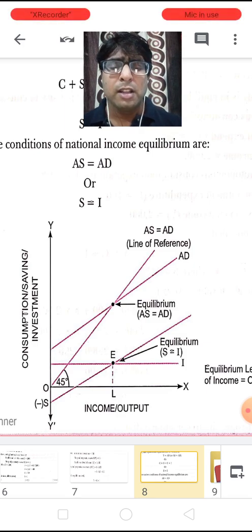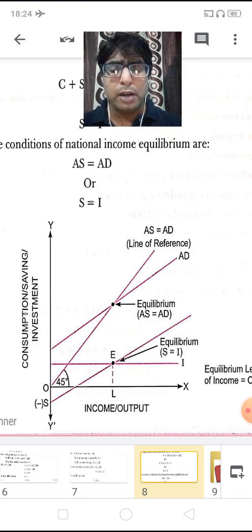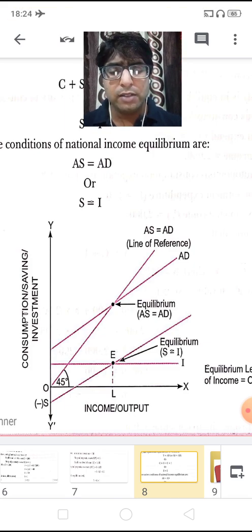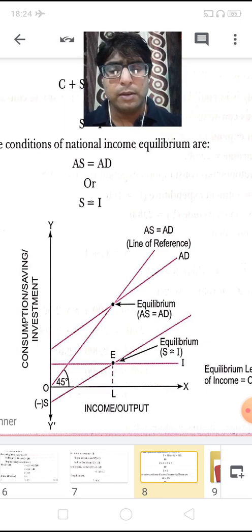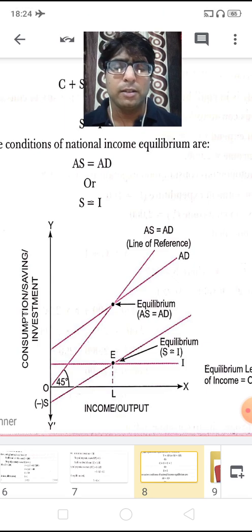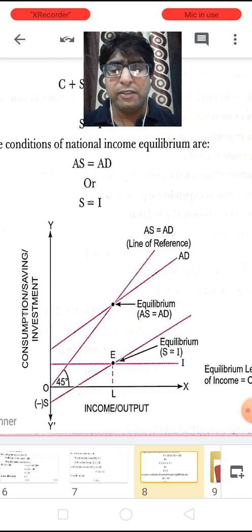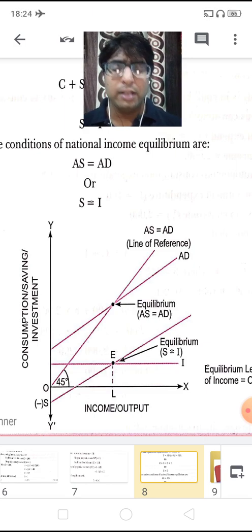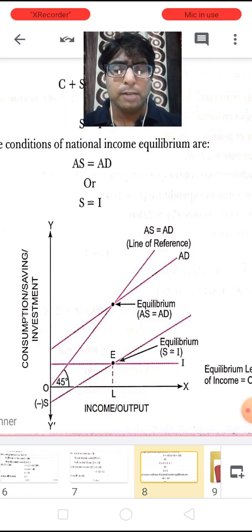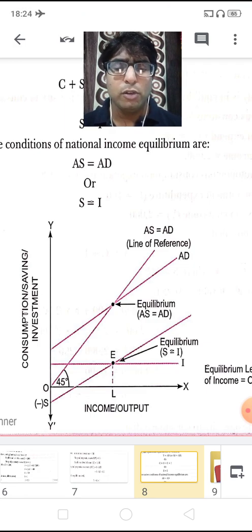It starts from the lower part of the axis because it is representing a negative value. So the savings curve starts from the negative intercept, reaches the equilibrium point, and starts going up when the economy starts making savings. So here also an equilibrium point comes where savings is always equal to investment.